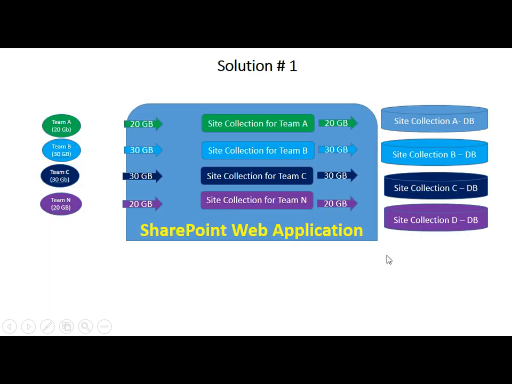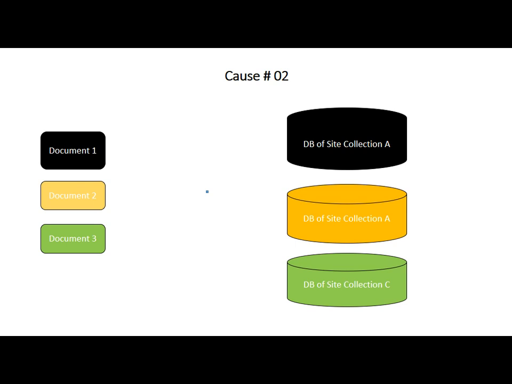Now coming to cause number two. For example, you have three documents and you want to save all of these documents in each database. There are three databases: one for site collection A, one for site collection B, sorry, I made a typing mistake here, it's B, and the third one is site collection C. So you have three document copies.